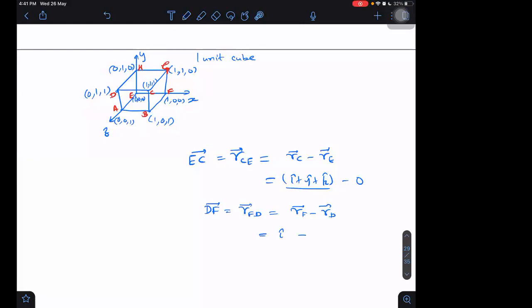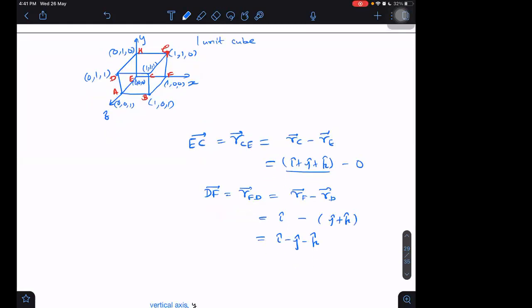You observe in F, only one component exists. This is x equal to 1 and y and z are 0 because it is lying along the x-axis. RD is lying in which plane? YZ plane. It will have j cap and k cap. Then finally i minus j minus k.